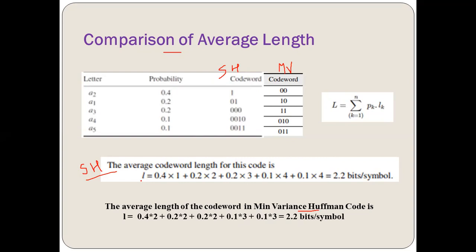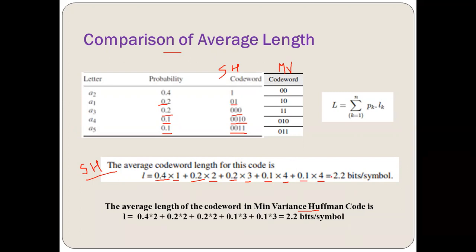Let's calculate it. L is equal to probability into length of the code word as 1. So 0.4 into 1, plus 0.2 into 2, plus probability 0.2, length 3, so 0.2 into 3, plus 0.1 probability into length 4, plus A5 is 0.1 and length is 4 again, so 0.1 into 4.